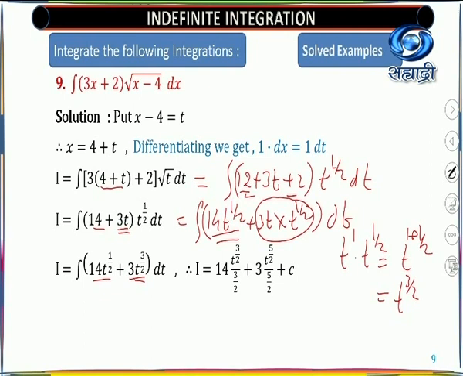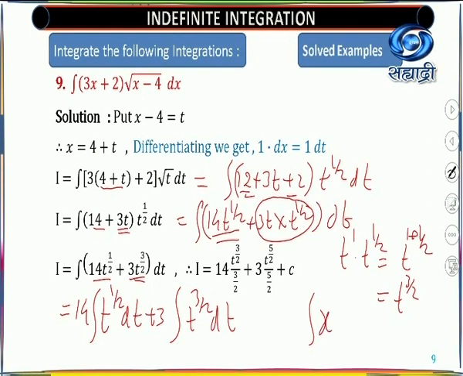Okay, now expansion. As usual here your 14 is a constant term. So you will get the integral of t raised to half dt plus 3 is constant, the integral of t raised to 3 by 2 dt. Now you are using the formula: integration of x raised to n dx gives x raised to n plus 1 upon n plus 1, plus constant of integration.